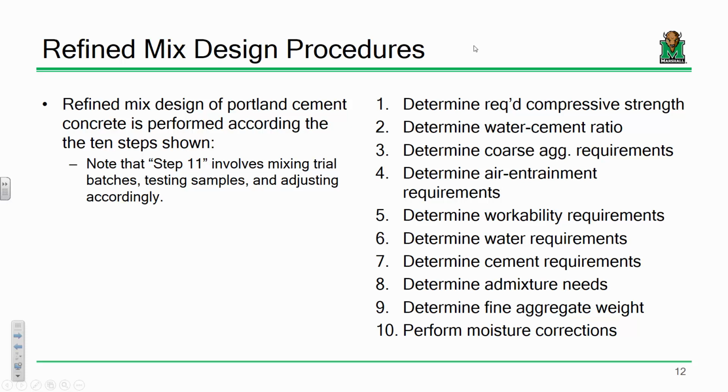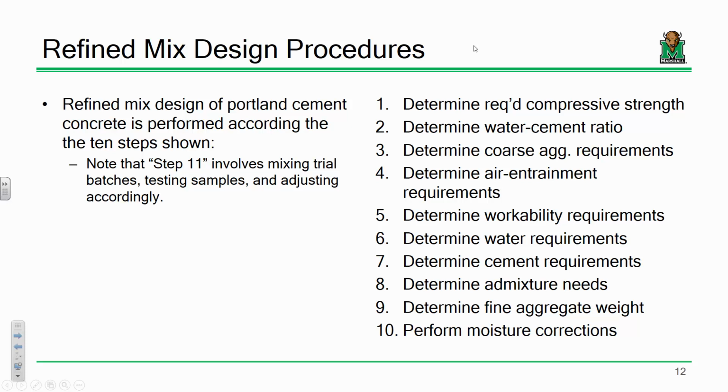Our standard is that we are going to produce a mix design proportion that, if we just used those weights, plug and chug, would produce 1 cubic yard of concrete. So if you need 10 cubic yards, just multiply all these amounts by 10, and so forth. That's our target.